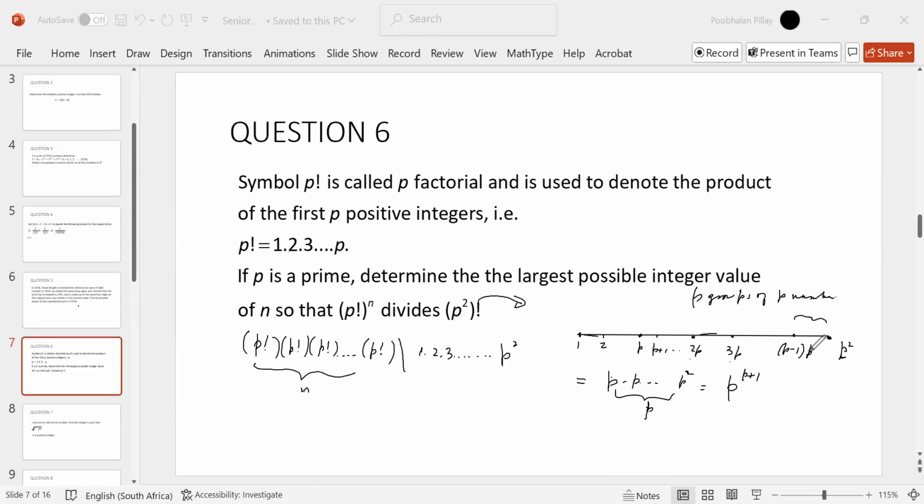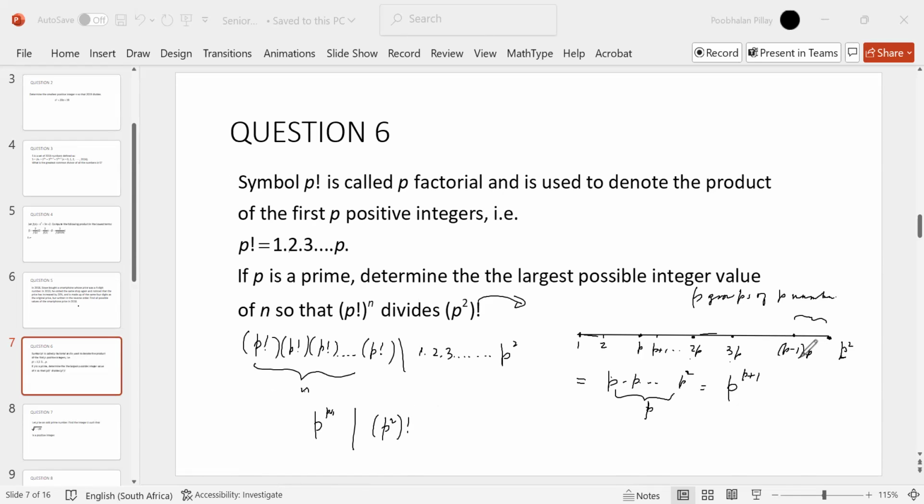The only one which has more than a multiple of P is the last one. So P to the P plus 1 is a factor of P squared factorial, and the P plus 1 cannot be improved.